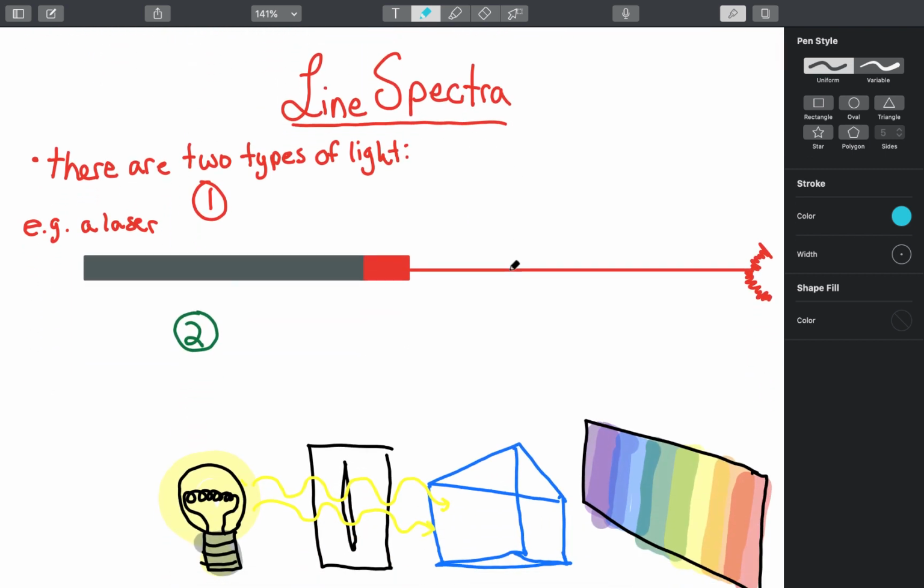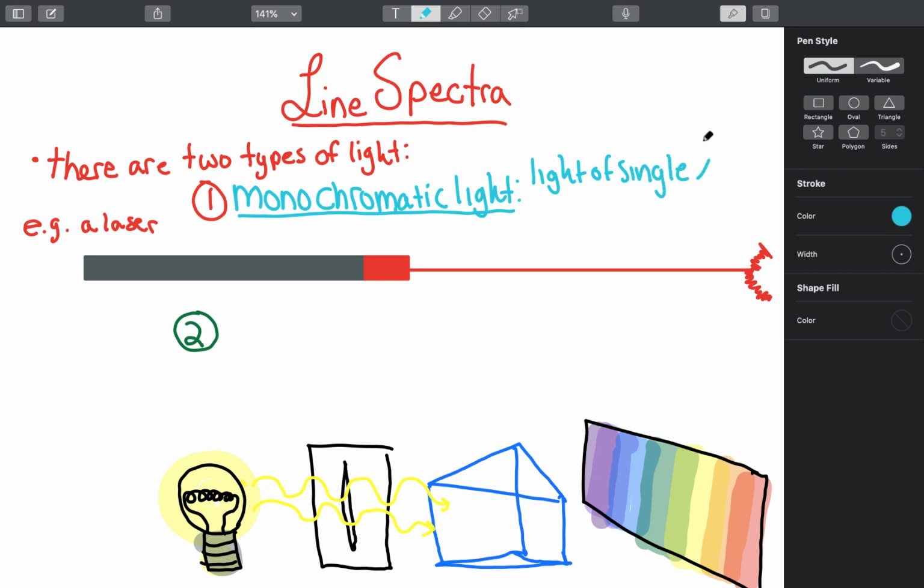So it all starts with light. So there are actually two major types of light that you should be concerned about. The first type of light is called monochromatic light. And monochromatic light means light of a single wavelength.